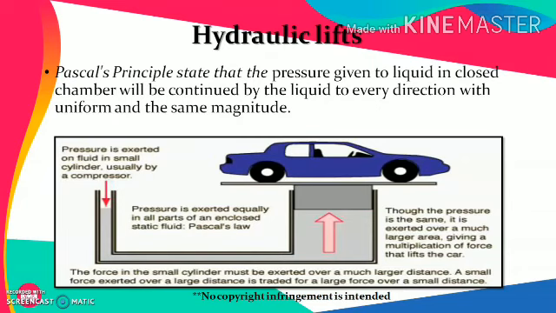So pressure is exerted equally in all parts of an enclosed fluid as per Pascal's law, and it results in the vertical movement of the platform. So this is the principle on which hydraulic lifts operate.